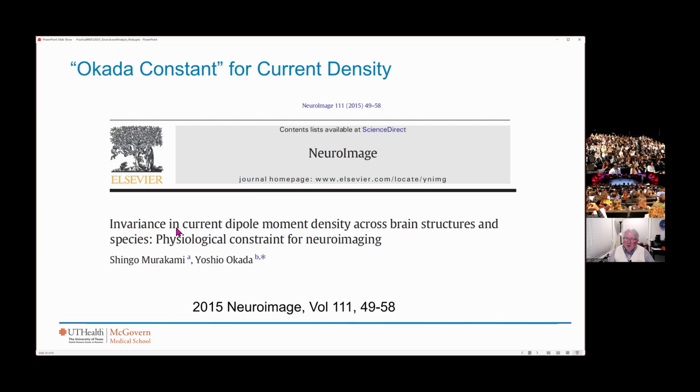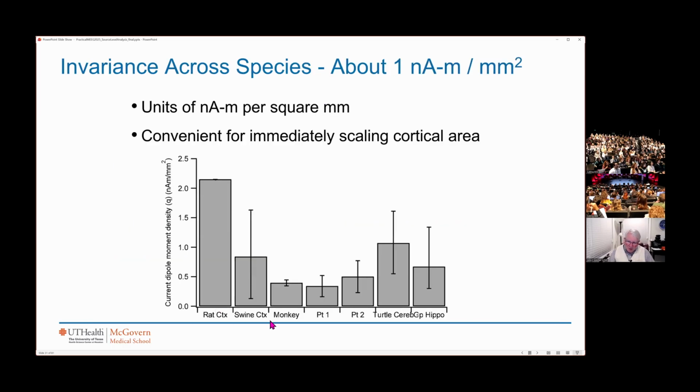But over his years, he looked at the rat cortex, the swine, monkey, 2 SEEG patients that were in the monitoring units of a hospital, turtle cerebellum, and guinea pig hippocampus. And these are oftentimes craniotomies. He's right down on top of the sources, and he was able to work out that there seems to be an invariance across species, generally, in terms of nanoamp meter per square millimeter.